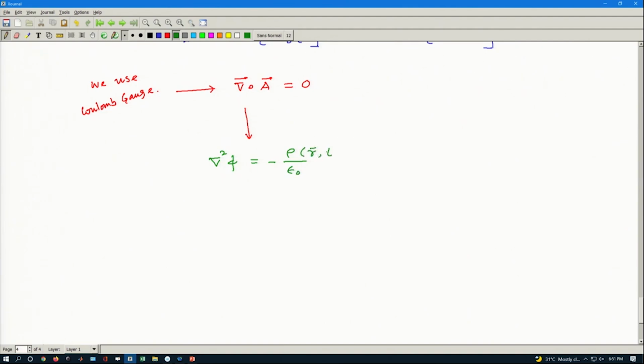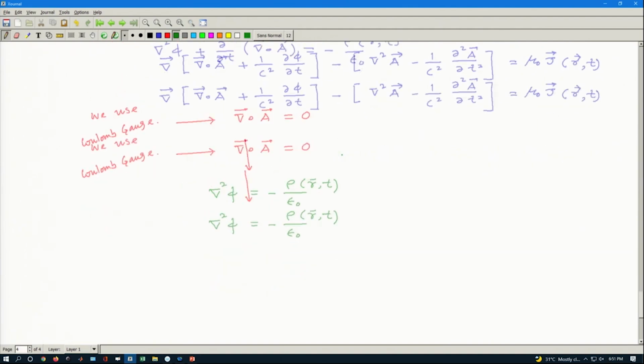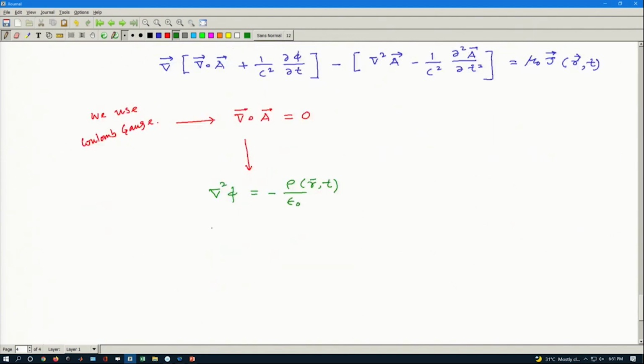That means phi now satisfies a simpler Poisson equation, and the next equation, which is not that simple, is grad square A minus 1 by c square d2 A dt square equals minus mu naught J.